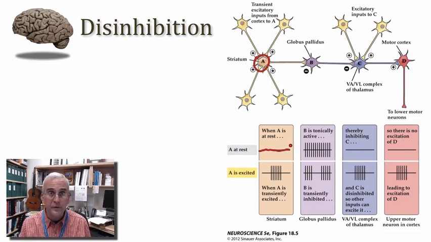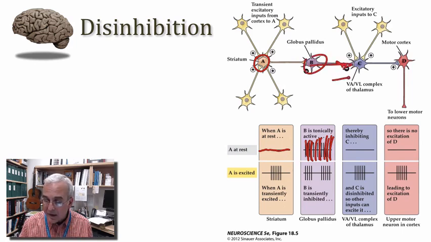Well, for reasons that I haven't mentioned yet, the activity of the internal segment of the globus pallidus is quite high. So there is tonic activity being generated here in this globus pallidus that is causing inhibitory neurotransmitters to suppress the firing of the ventral anterior and ventral lateral nucleus of the thalamus.